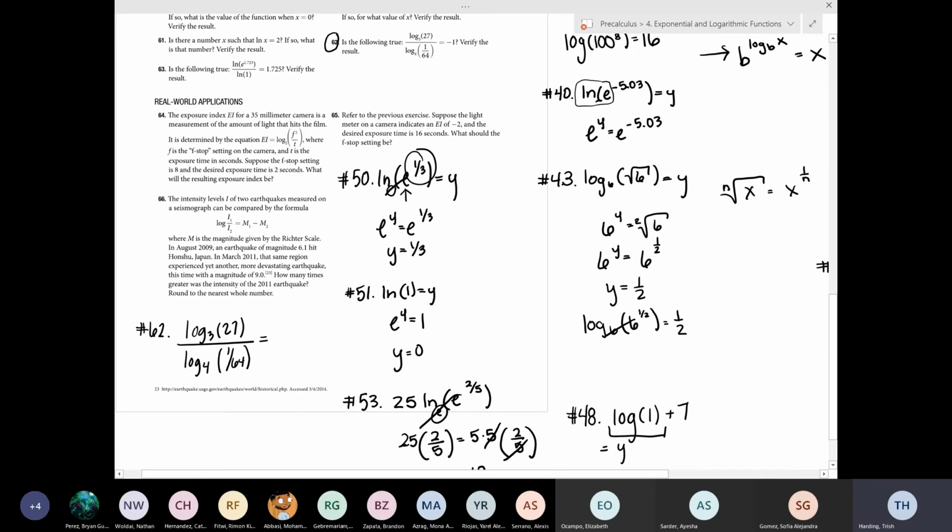Okay, so now I'll set this one equal to y1 and I'll set this one equal to y2, so that we will have 3 to the y1 equals 27, and we will have 4 to the y2 equals 1 over 64.